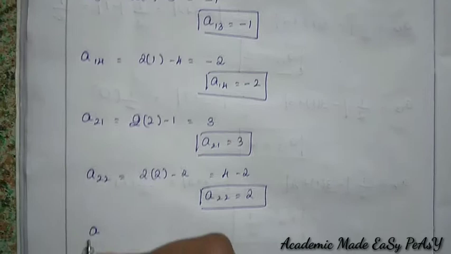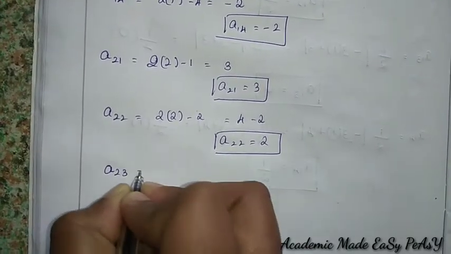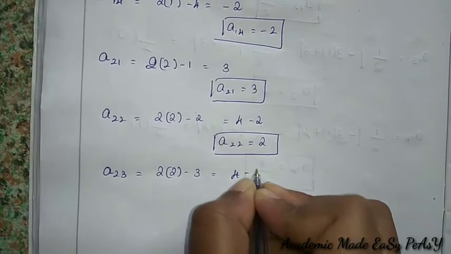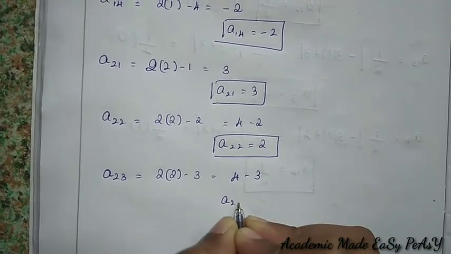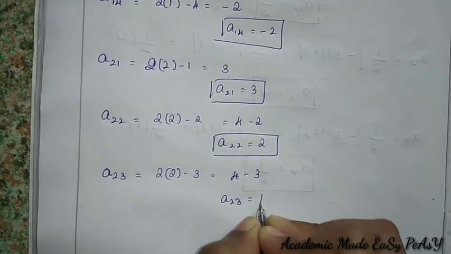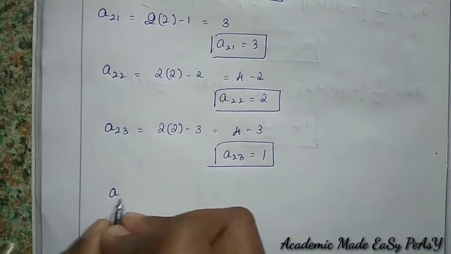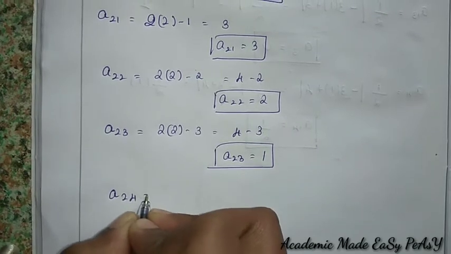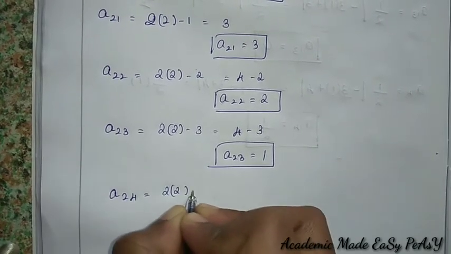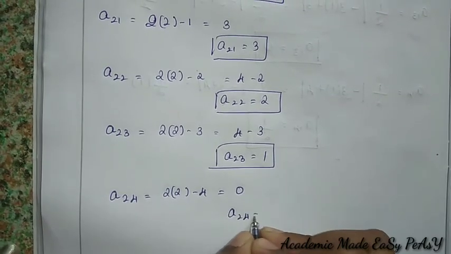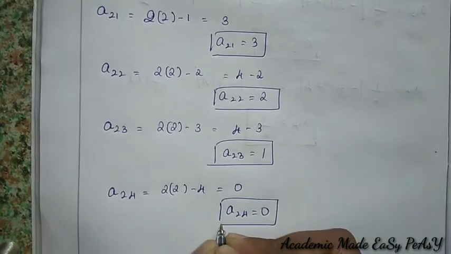Next, A23 is equal to 2 into 2 minus 3, which is equal to 4 minus 3. So A23 is equal to 1, and A24 is equal to 2 into 2 minus 4, which is equal to 0. So A24 is equal to 0.